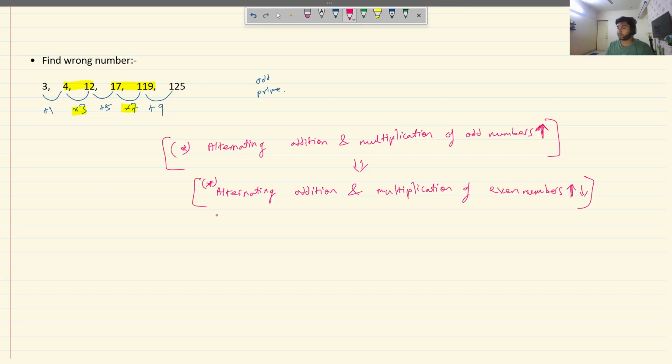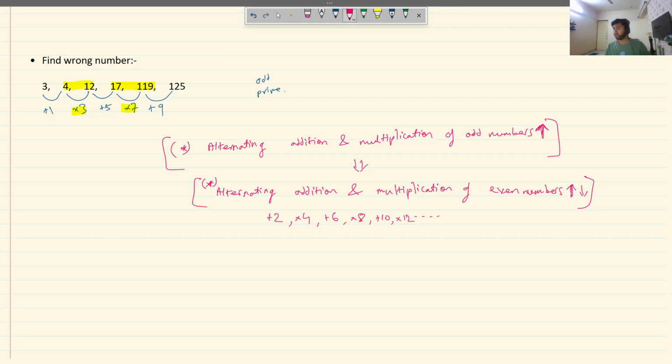So that can be another alternative logic similar to this one. What do I mean by this alternating logic? Of even numbers, plus 2 multiplied by 4, plus 6 into 8, plus 10 into 12, so it keeps going on like that.